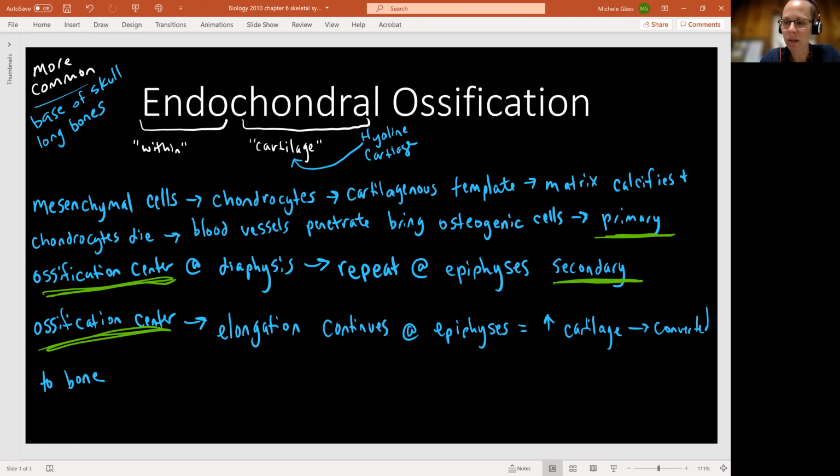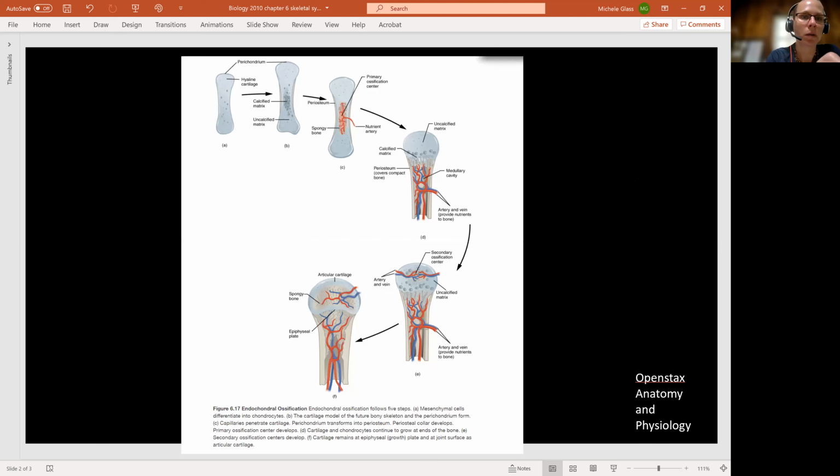Okay, let's take a look next at our diagram. With our diagram here, we're starting in the top section. This is a diagram coming directly out of the OpenStax Anatomy and Physiology textbook. To begin with, we have a really primitive embryonic skeleton, embryonic bone that's all composed of hyaline cartilage.